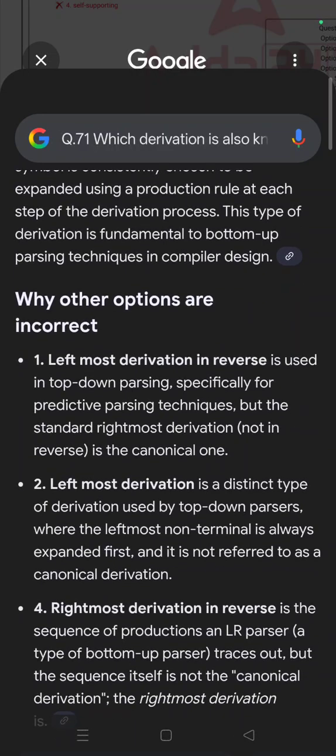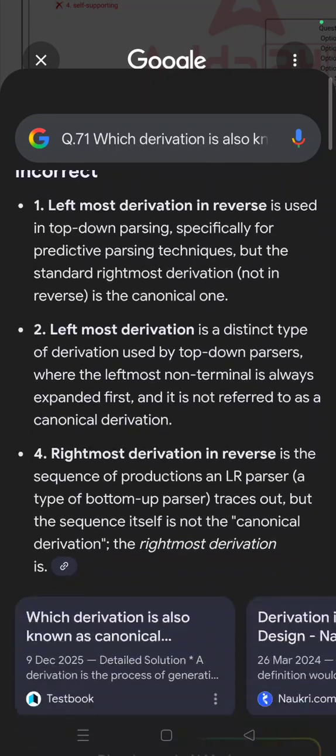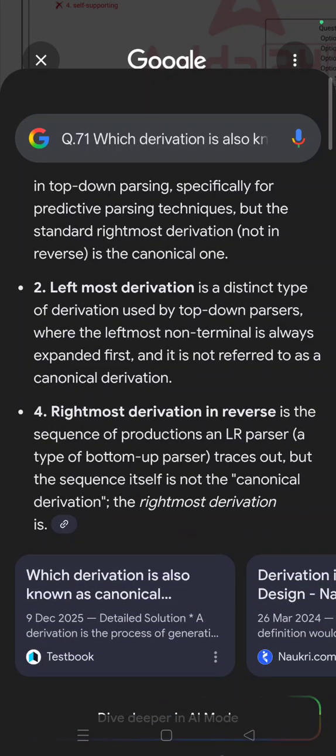Why other options are incorrect? Leftmost derivation is used in top-down parsing, specifically predictive parsing techniques, but the standard rightmost derivation, not in reverse, is the canonical one. Leftmost derivation is a distinct type of derivation used by top-down parsers, where the leftmost non-terminal is always expanded first, and it is not referred to as a canonical derivation.